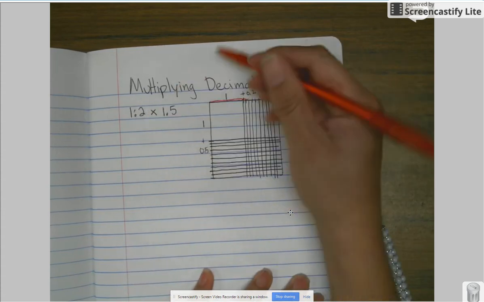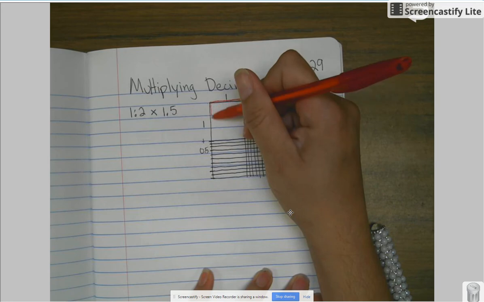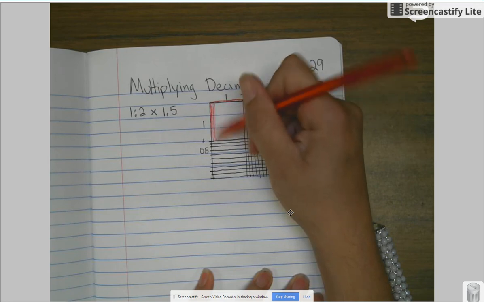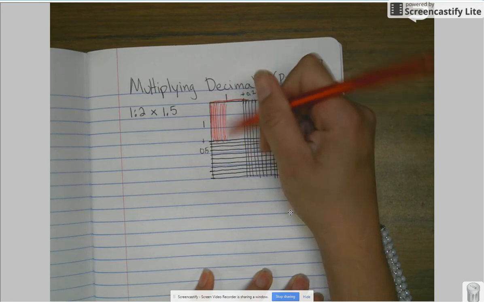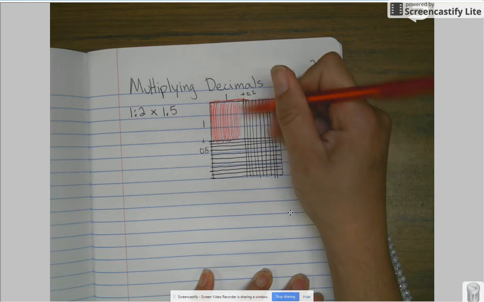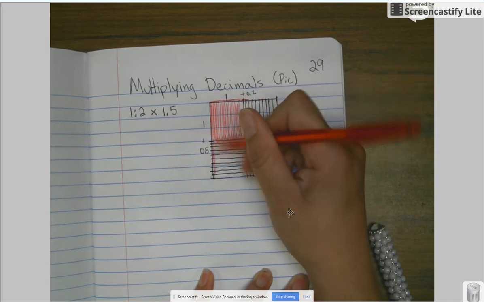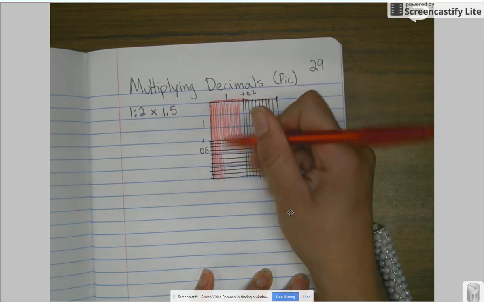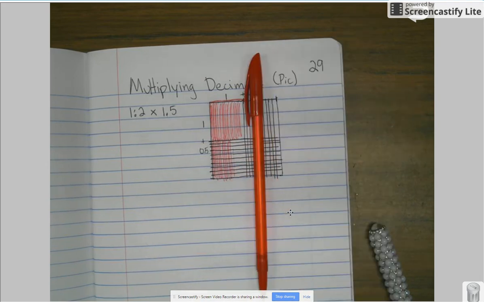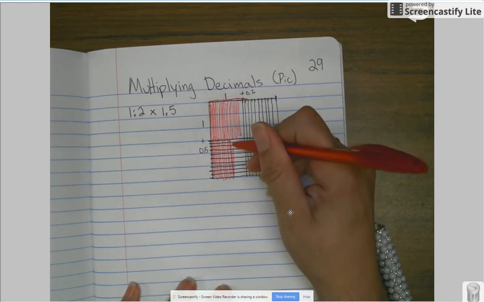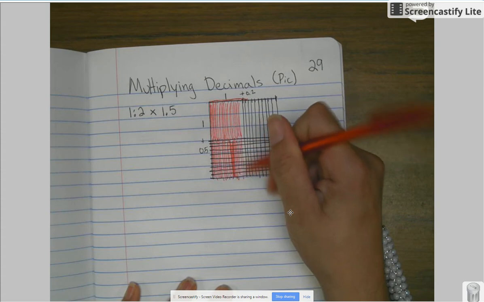This is my original number, so I'm going to shade that. So 1 whole and 2 tenths, but I'm going to extend that through all of this.